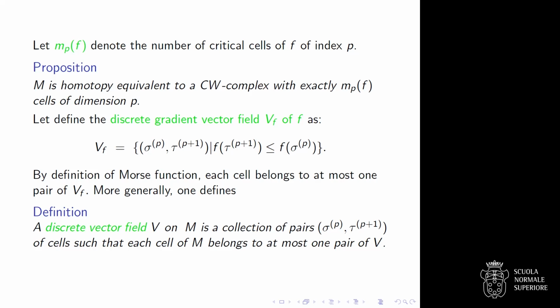We will see this with an example, but essentially this tells you how to collapse your CW complex. So essentially this means that you can collapse this cell on this.